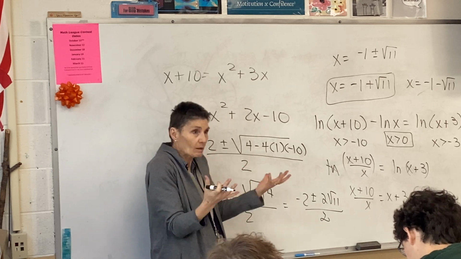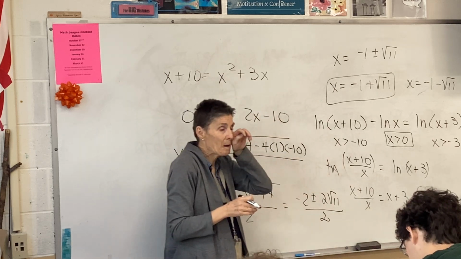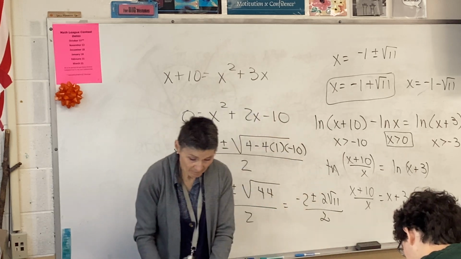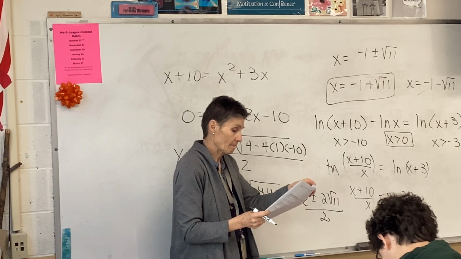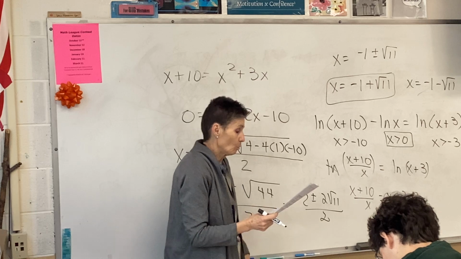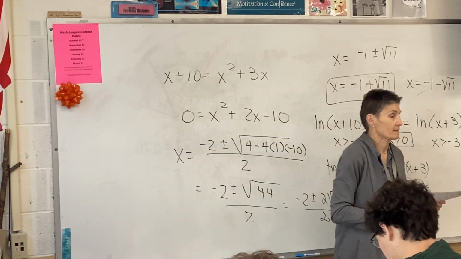Obviously, if this is a calculator question, you can type those in and get decimals if you want, but it wouldn't have to be a calculator problem. Okay, would you and your partner work on example 6?